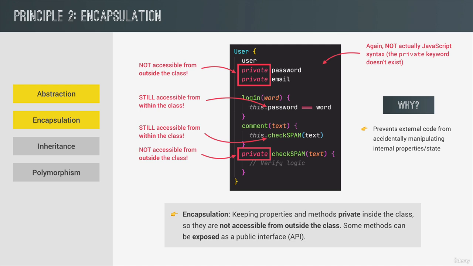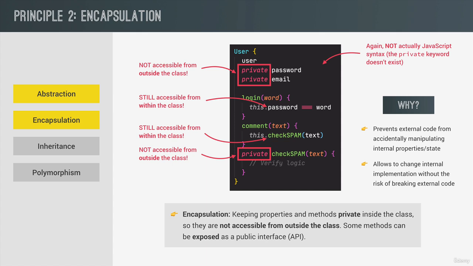So the public interface is essentially all the methods that are not private, so that are not encapsulated. So making methods private makes it easier for us to change our code without breaking code from the outside, which might rely on some of these methods.